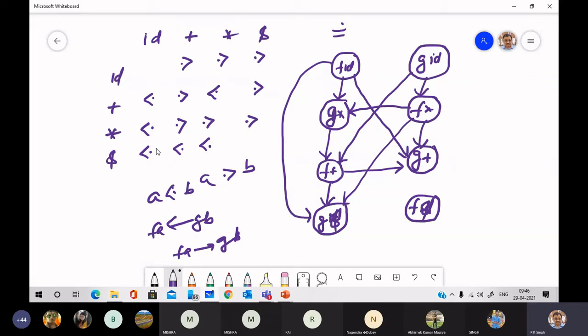Now see, F asterisk from G plus GID, F asterisk from GID, this.